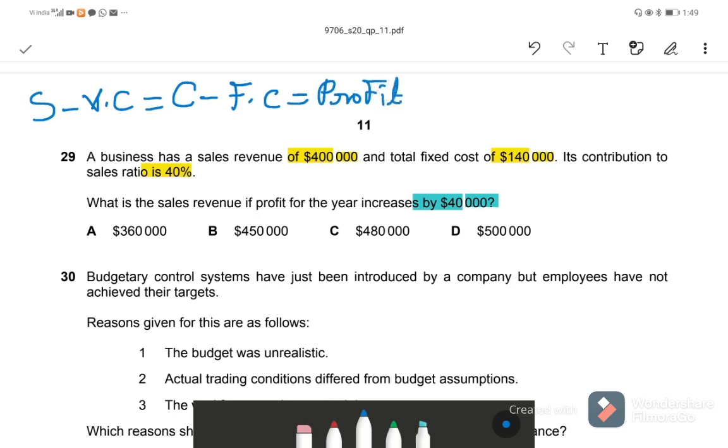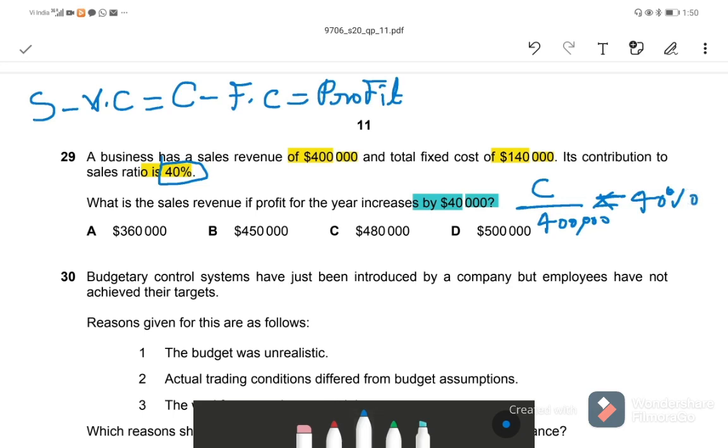Here the contribution is not given, so we can calculate the contribution. Contribution divided by sales is 40%.